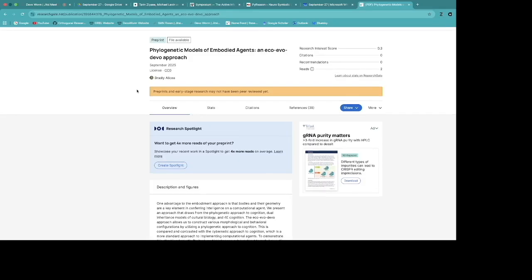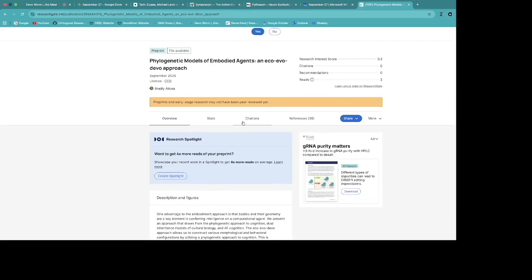I'm the sole author on this, and it walks through embodied agents and how you can analyze embodied agents using phylogenetics, how you can build phylogenetic agents from a parts list, but a parts list that has a phylogenetic set of relationships. That means you're going to have parts that have a common origin and that are elaborated on through evolutionary processes or just simply through classification.